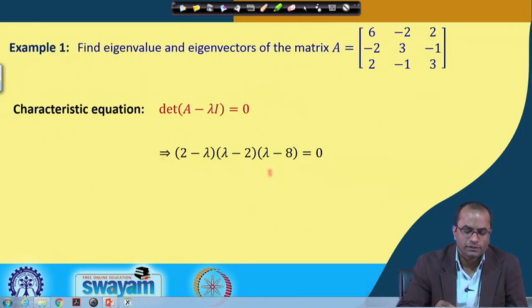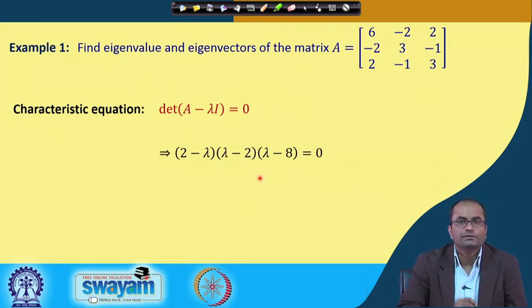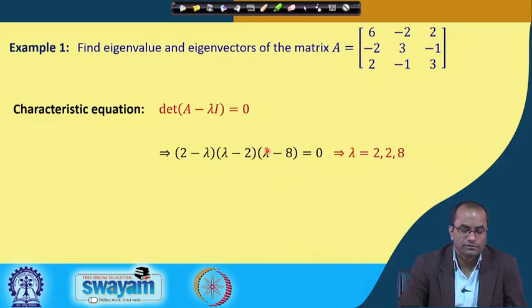So, the characteristic equation of this matrix is 2 minus lambda, lambda minus 2 and lambda minus 8 equal to 0. What we observe now is that there are two distinct eigenvalues and one is repeated 2 times. That means the lambdas are 2, 2 and 8. So, the eigenvalue 2 is repeated 2 times and 8 is repeated once, and exactly that is what we discussed about the algebraic multiplicity.